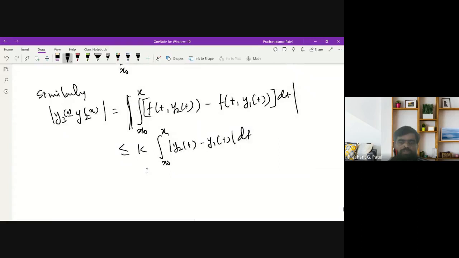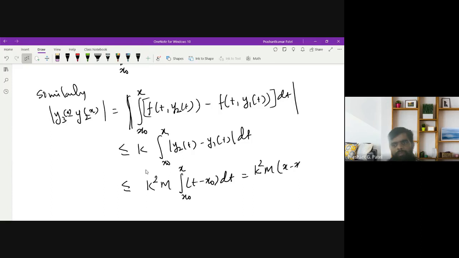So we can say this is less than or equal to k times k squared into m, the integral from x0 to x of (t minus x0) dt. So that is equal to k squared into m times (x minus x0) squared by 2.